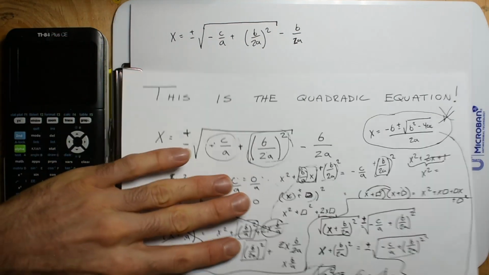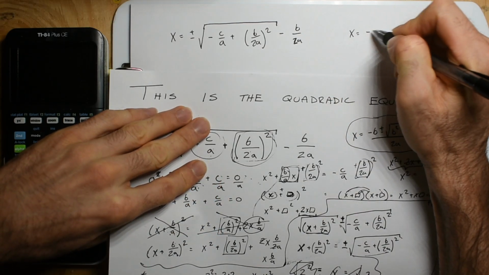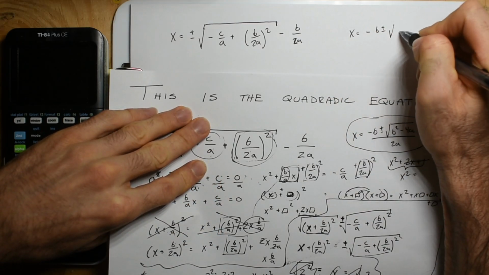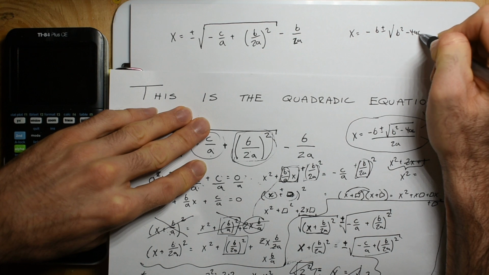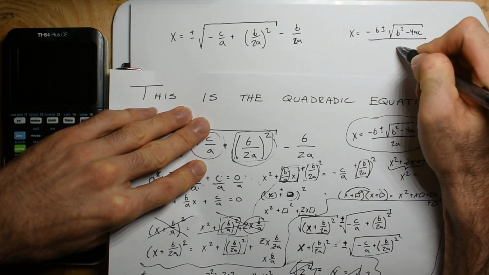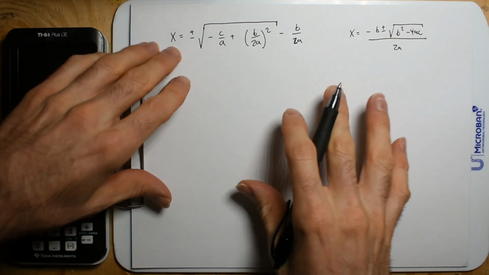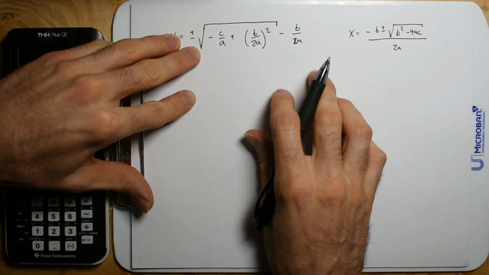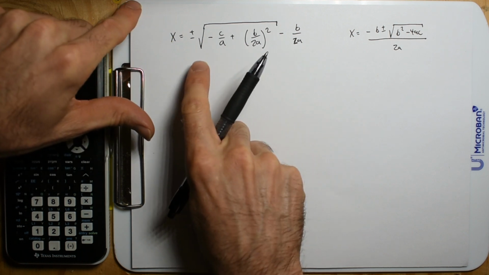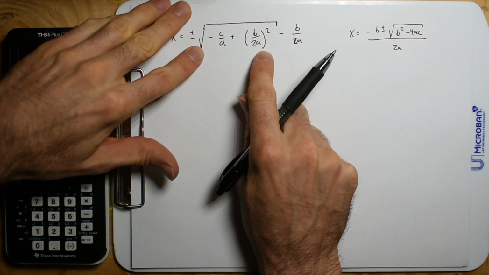All right, and we want this to look like negative b plus or minus the square root of b squared minus 4ac, all divided by 2a. Cool. So this is a cool one too, because we have to get things out of this square root.